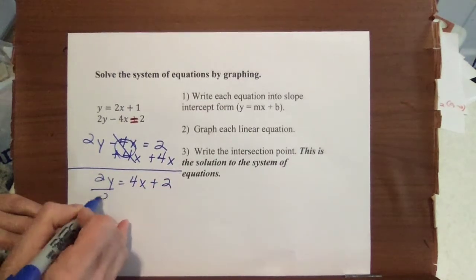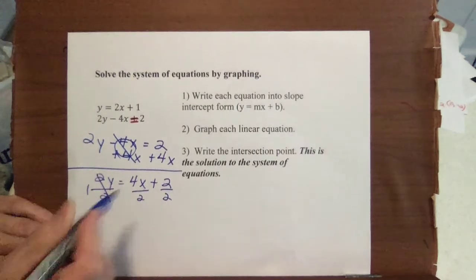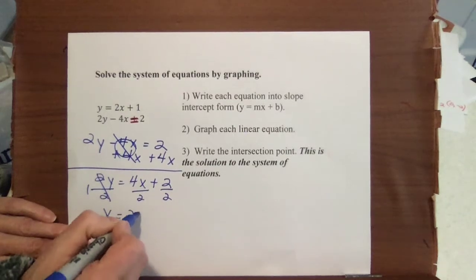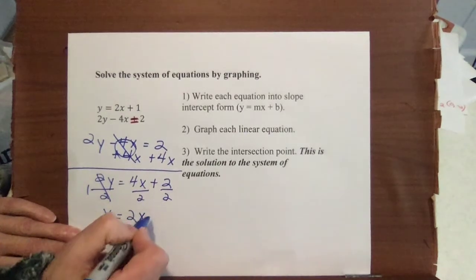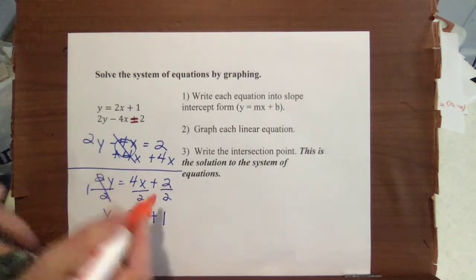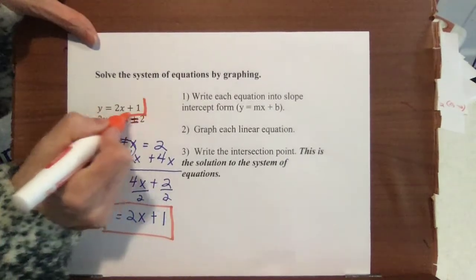We're now going to divide by 2 under each term. So we're going to get y equals 4 divided by 2 is 2. Keep the x. 2 divided by 2 is 1. And what you notice is that you have the same equation for the second equation that we just manipulated and the first equation.